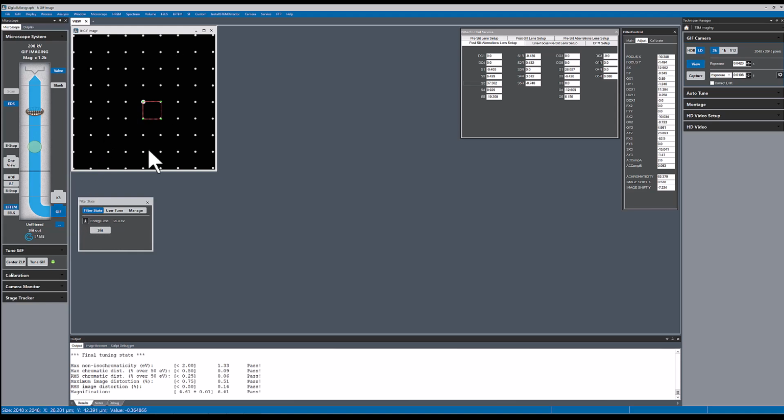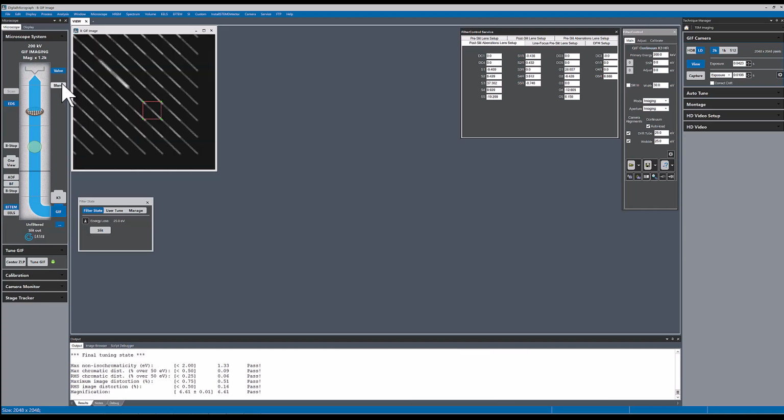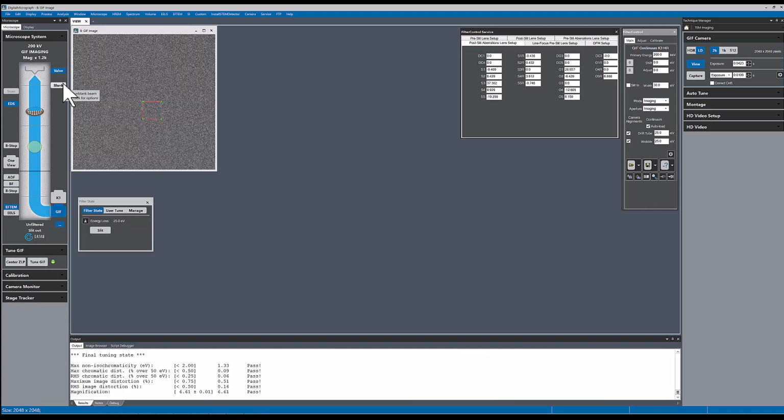The spectral correction is the aberration that we learned about called isochromaticity. As recalled from the lecture, it's the measure of how well in focus the spectrum is in the plane of the energy selecting slit in the GIF.